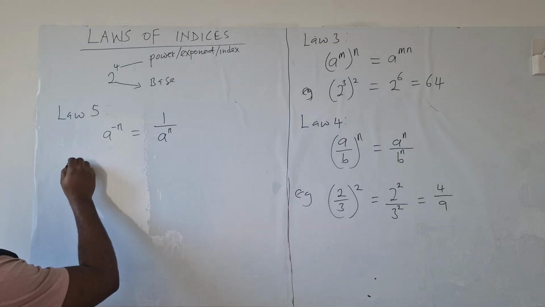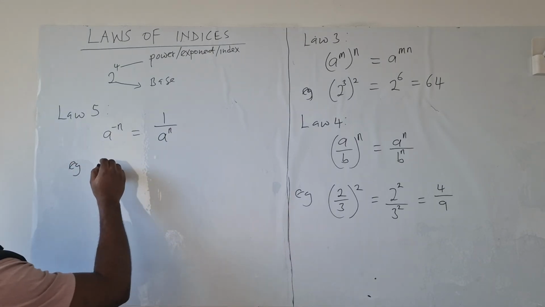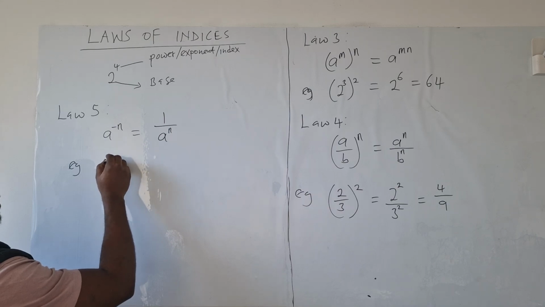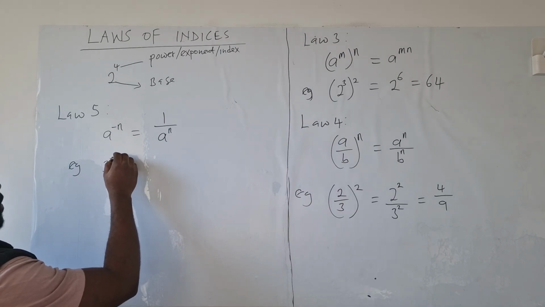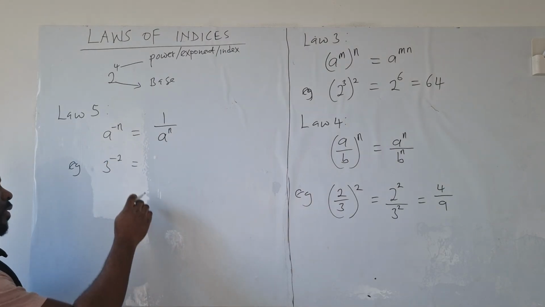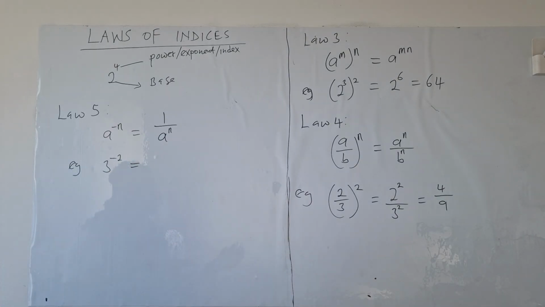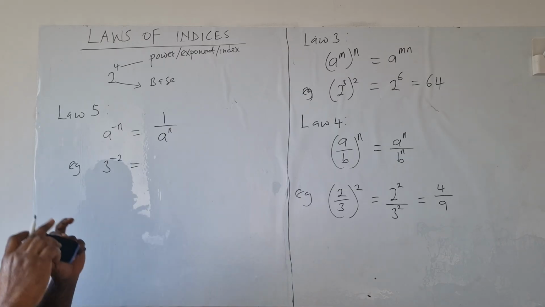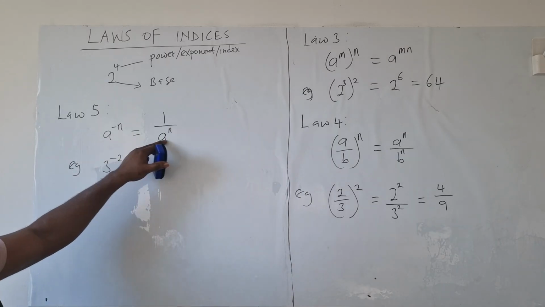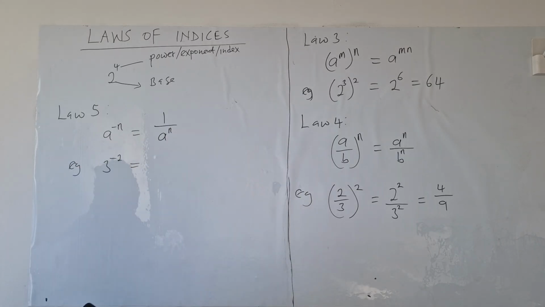For example, if I have 3 raised to the power minus 2, as it stands, if you are asked to give a direct answer, it will be difficult because of the negative power. So we apply this law to change the negative power to positive.